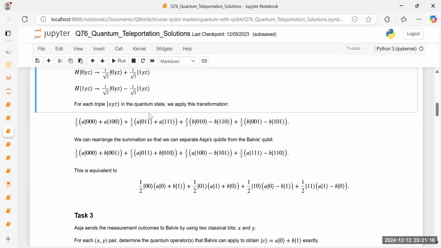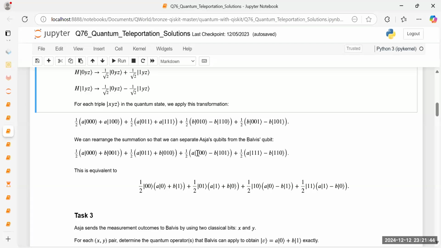So at this point, we can just rearrange the states. So 0, 0, 0 here, and 0, 1, 1. We bring those together, and 0, 1, 1 here, and 1, 0, 1. Okay, 0, 1, 1 here, and 0, 1, 0.